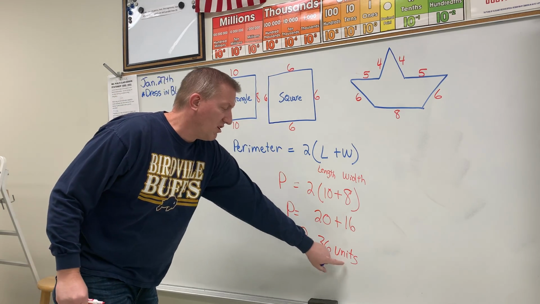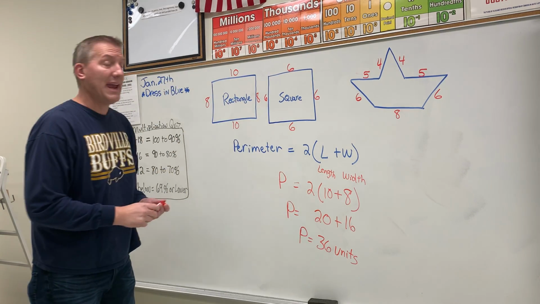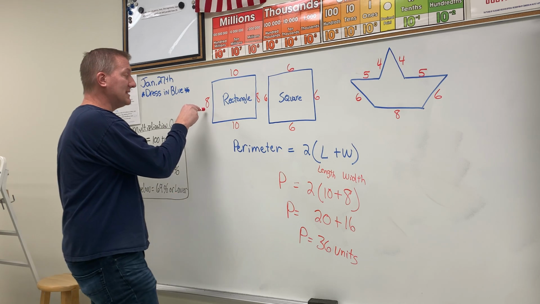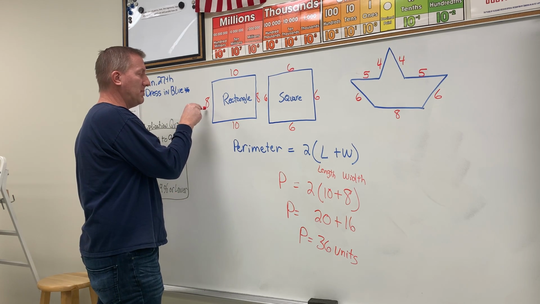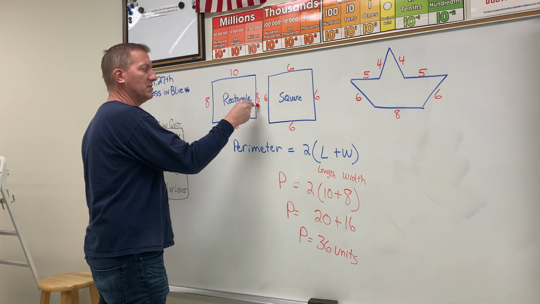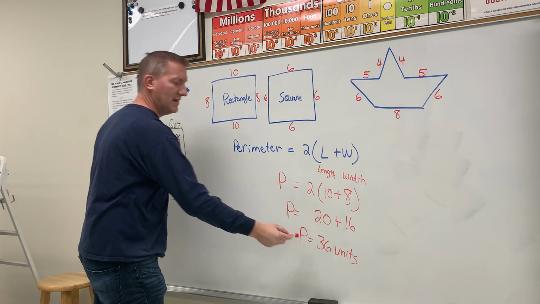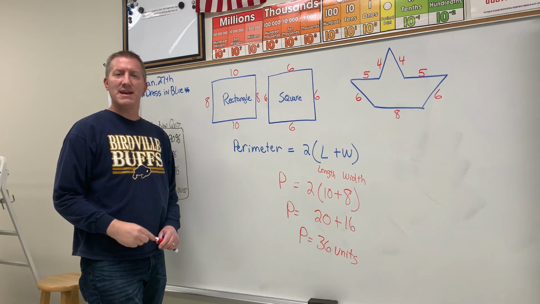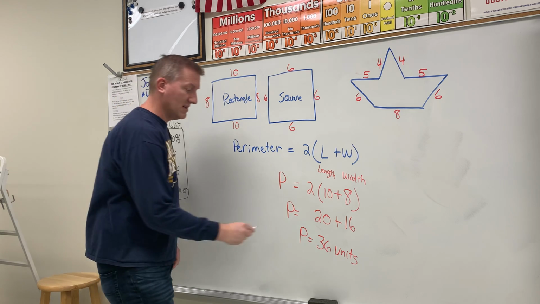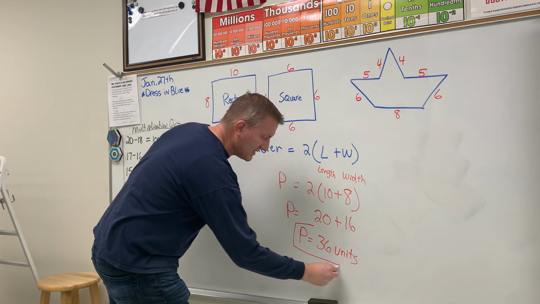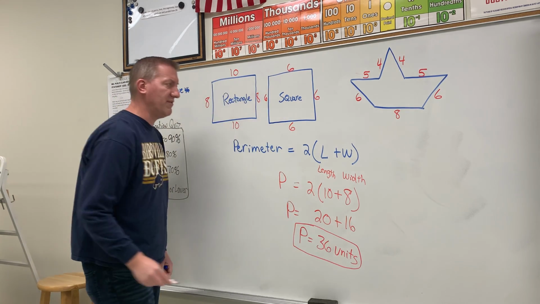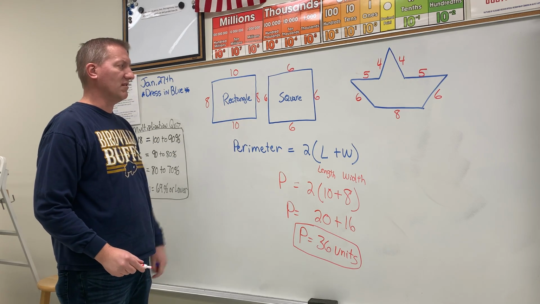And if you add these up, 8 plus 10 plus 8 plus 10, you come up with the same answer, 36. So that's our answer for the rectangle.